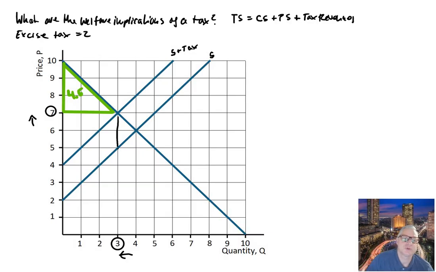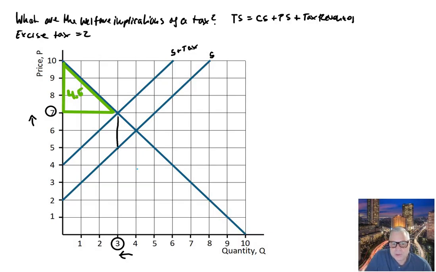Producer surplus is everything which is below the price that the producers get. So even though you now pay 7 at the cashier, 2 of that 7 go directly to the government, so the producers only get 5.